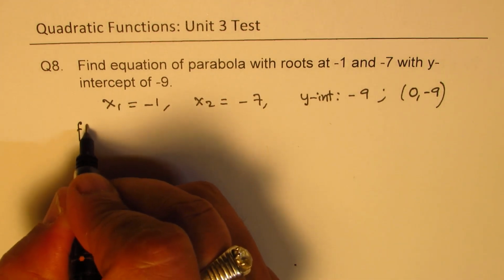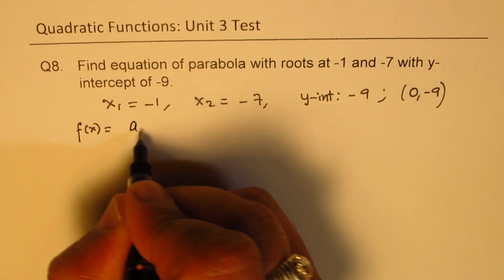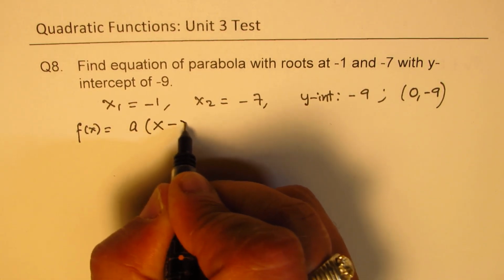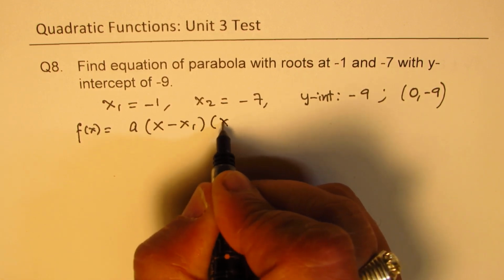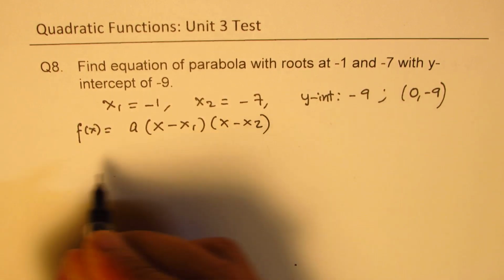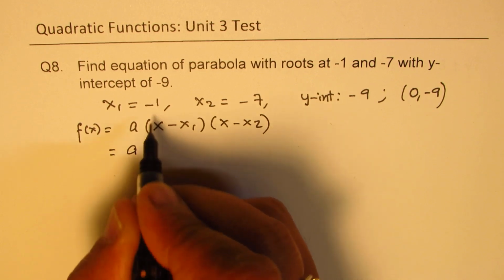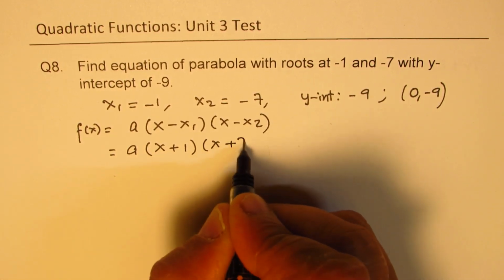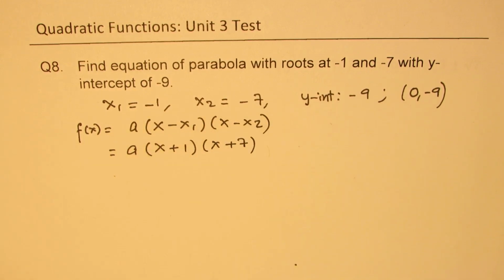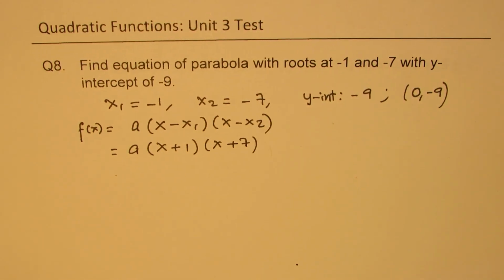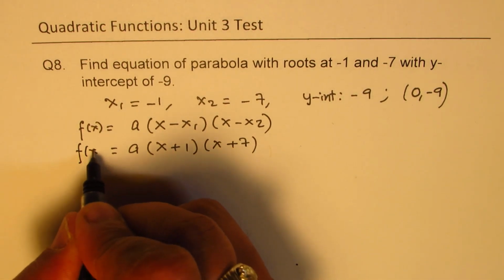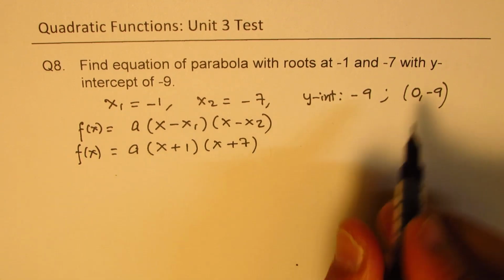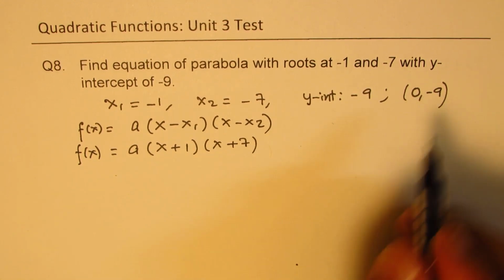So the function f of x can now be written as a times x minus x1 times x minus x2. Now we are given the two roots, so we can write that. So we have x plus 1 times x plus 7, substituting minus 1 and minus 7 for x1 and x2, right? Now, to find the value of a, we'll use the y-intercept, 0, minus 9.